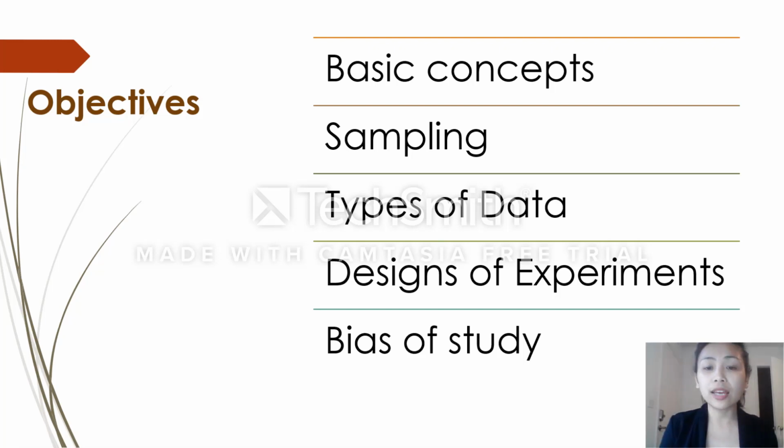So the video today, I would like to talk about the first 2 main points, the basic concepts and sampling. Then the second video, which is coming next week, will be talking about types of data, and the last video of this topic will be talking about design of experiments and bias of study. So now let's get started.